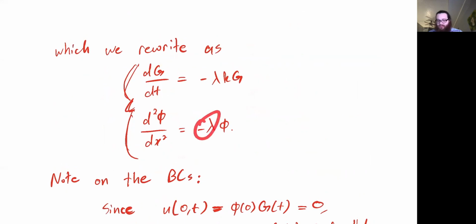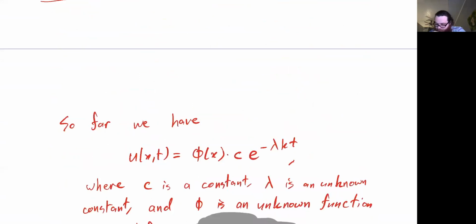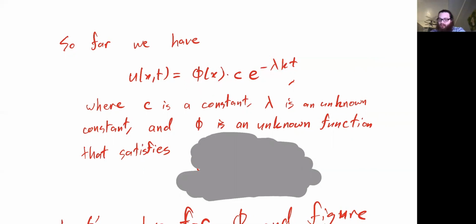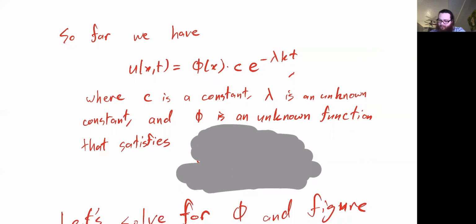It was the separation constant. So C is an unknown, but that'll come from the initial condition. Phi is unknown, but we have an ODE for that, as well as boundary conditions for the ODE. And this unknown lambda is also connected to phi. So the hope is that if we work through and figure out what the form of phi is, then we can figure out what form lambda must take.